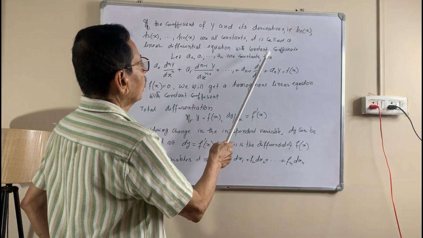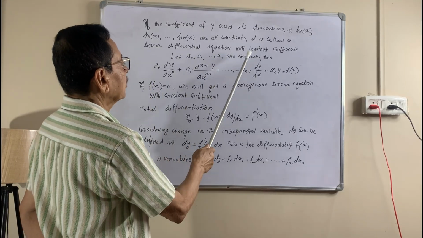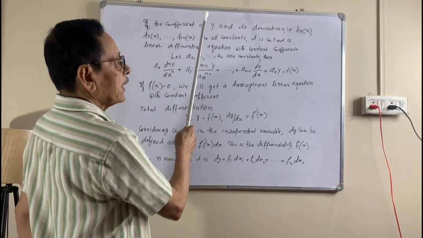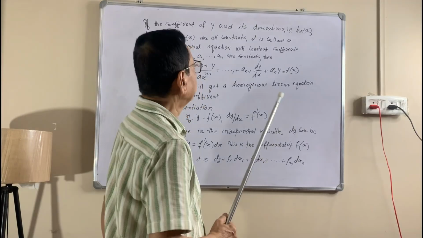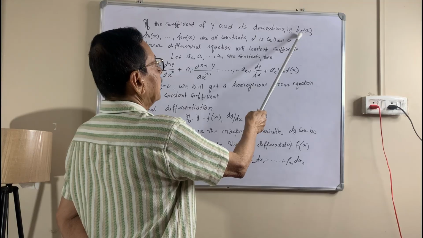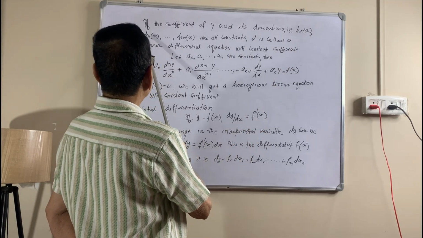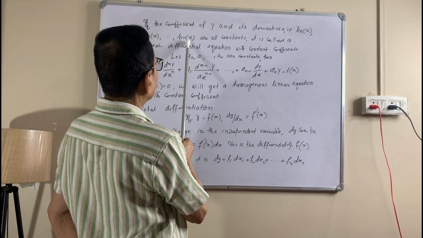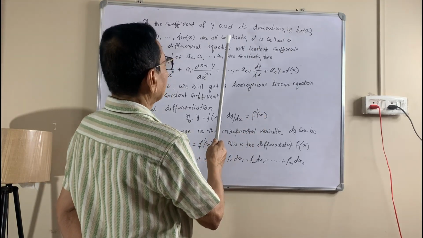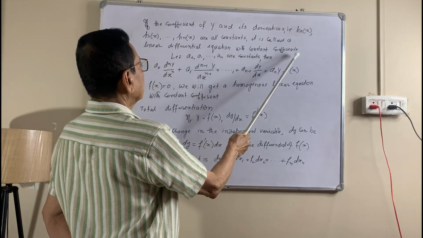So we call it a linear differential equation with constant coefficients if the coefficients of the dependent variable and its derivatives, that means h naught(x), then the next derivative with respect to x, and so on, are all constants. If all the coefficients are constants, it is called a linear differential equation with constant coefficients.